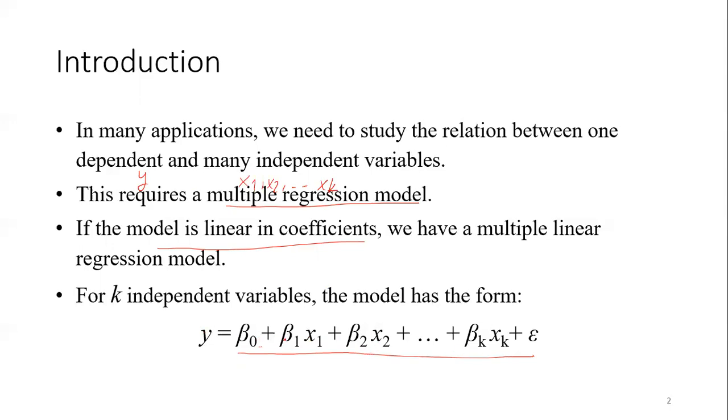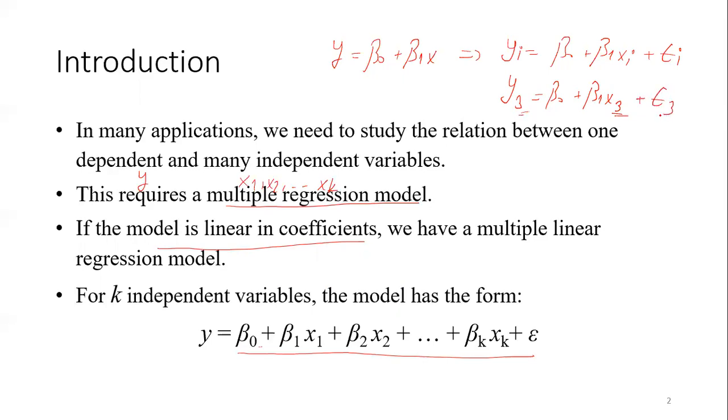One catch here is that in the simple linear regression model, the general notation is y equal to beta 0 plus beta 1x. If you're using points, then you say yi is equal to beta 0 plus beta 1 xi plus epsilon i. For example, y3 is equal to beta 0 plus beta 1 x3 plus the error term for y3.